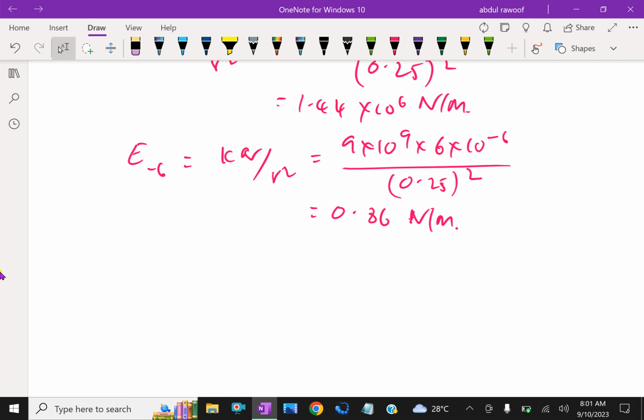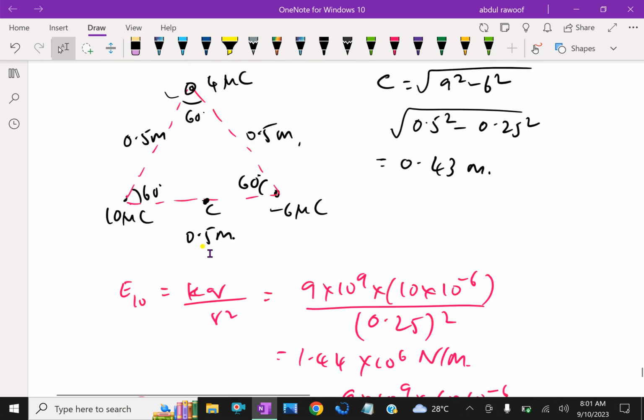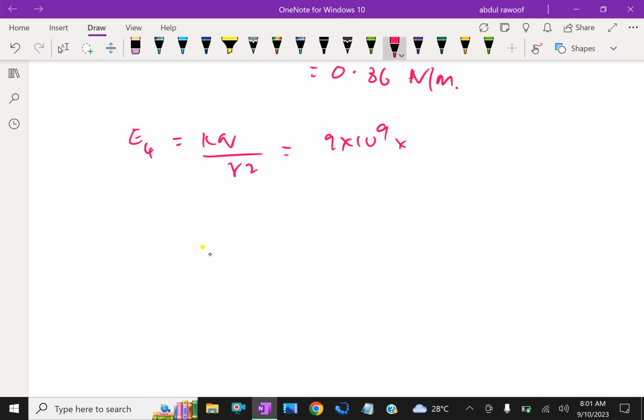Finally, for the 4 microcoulomb charge, E for 4 microcoulomb is K Q over R squared, which is 9 into 10 power 9, Q is 4 into 10 power minus 6, over 0.43 squared.